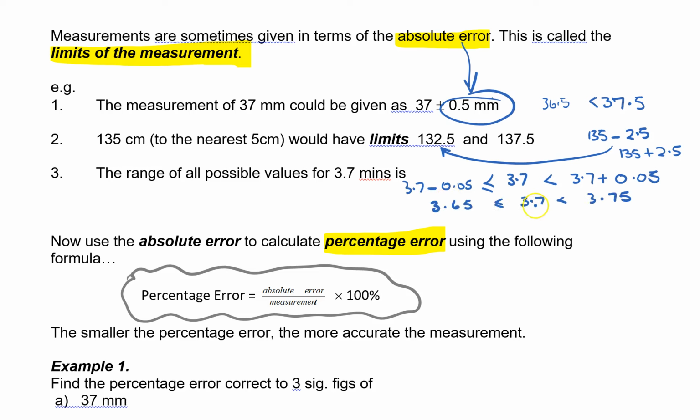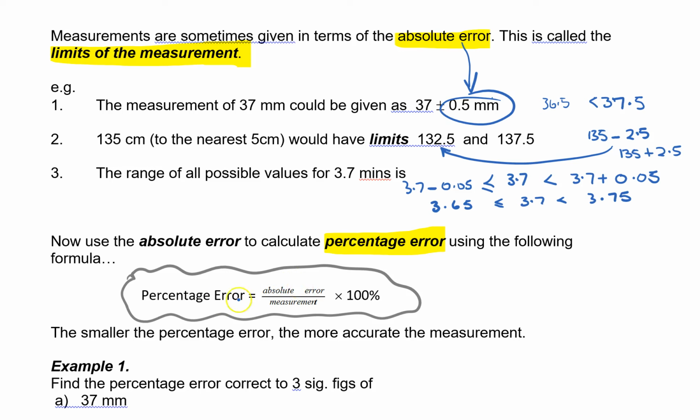We'd say that the measurement 3.7 minutes is somewhere between the minimum of 3.65 minutes and a very maximum of 3.75. And again, like I said, pause the video, take your calculator, check you know where these numbers are coming from, because you could get a question requiring you to actually come up with these numbers.